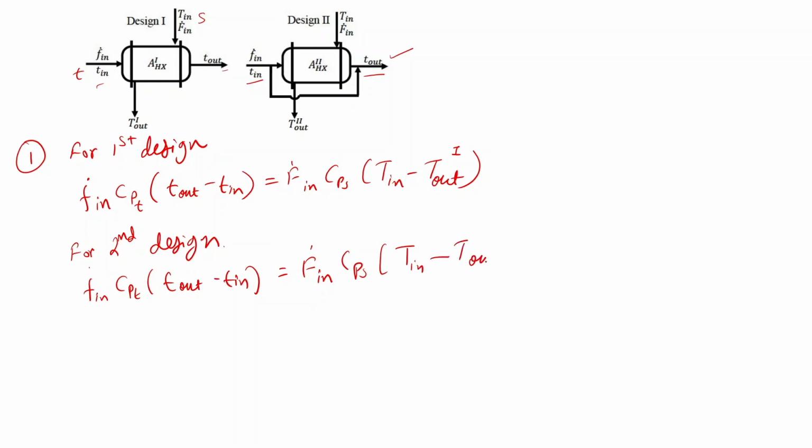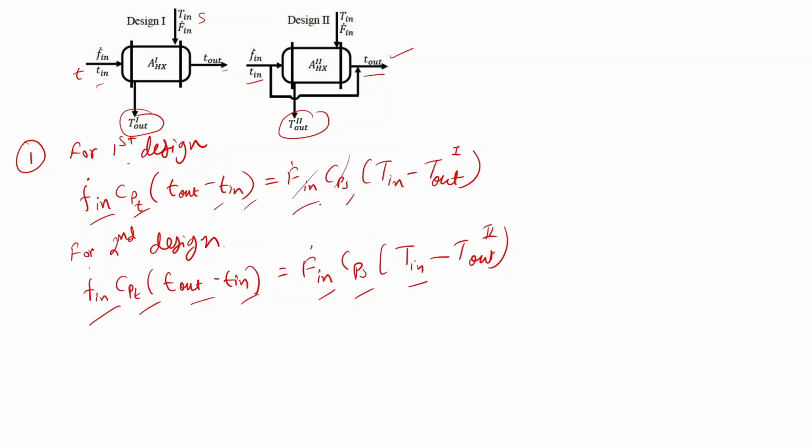But in this case, the T out we have been given as T out 2, and in the earlier case it was T out 1. So we have been given that all of these parameters are the same. All of these parameters in the first design and second design are the same.